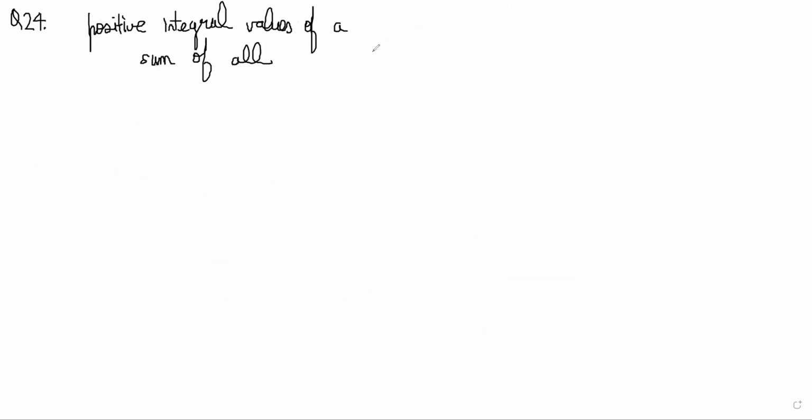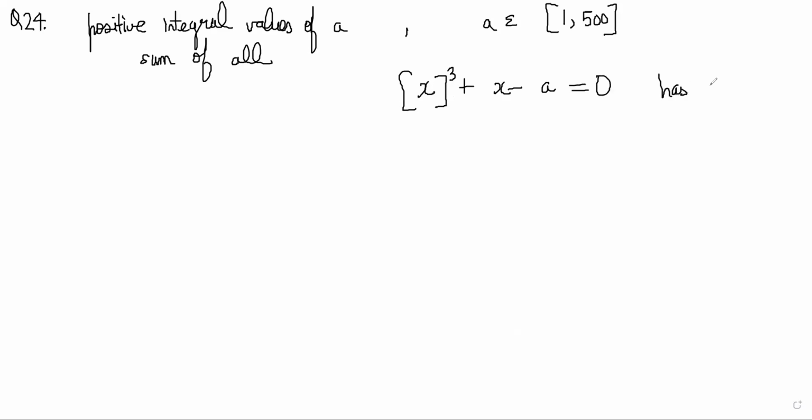Sum of all positive integral values of A, where A belongs to 1 to 500, for which the equation GIF of x whole cube plus x minus A is equal to 0 has a solution.